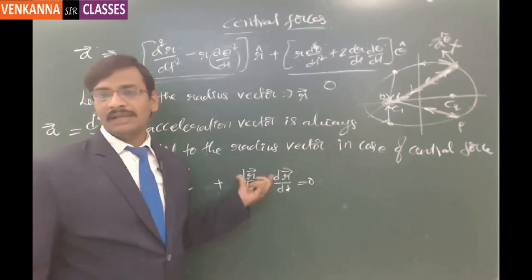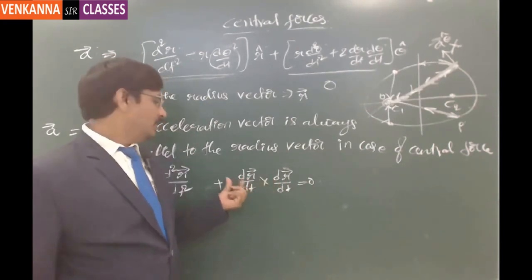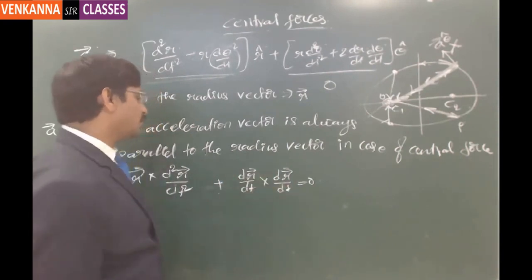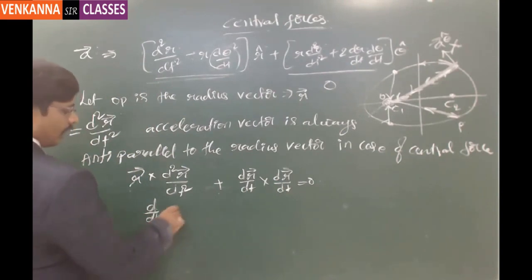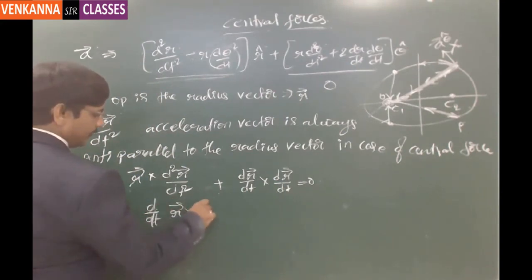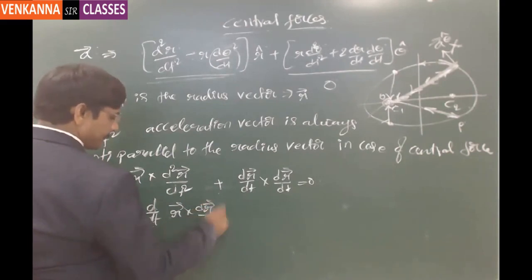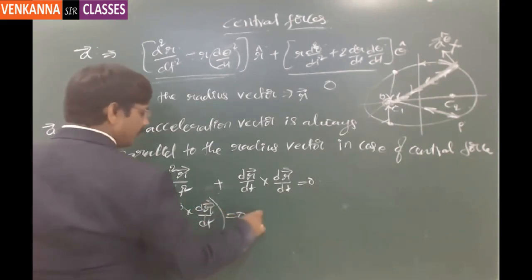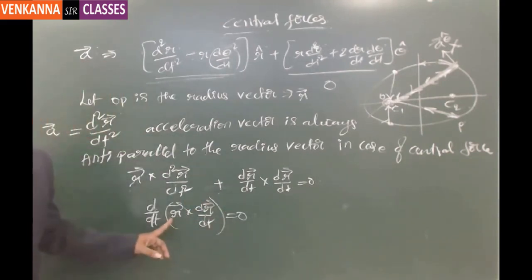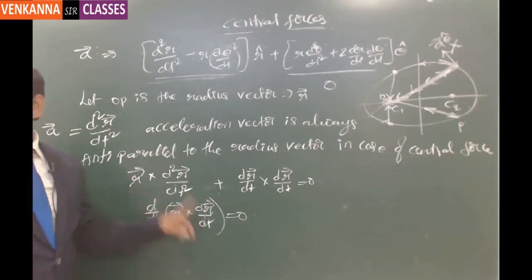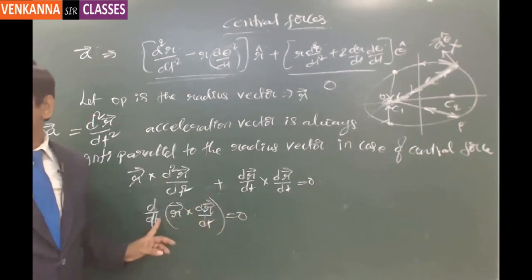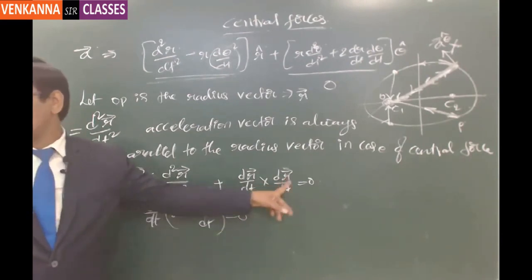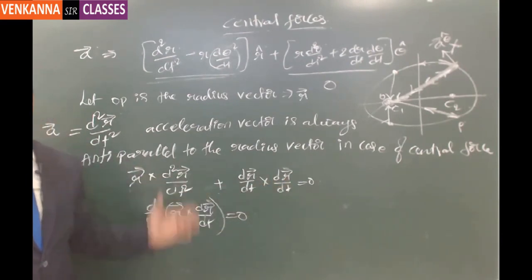So I can write, as if adding a 0 here, dr by dt cross dr by dt equal to 0, and this can be called d by dt of r cross dr by dt. So this is d by dt of r cross dr by dt. So this is r cross d square r by dt square plus dr by dt cross dr by dt. So these are one and the same.